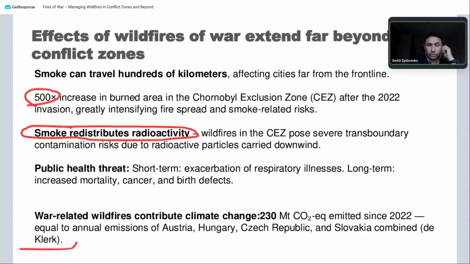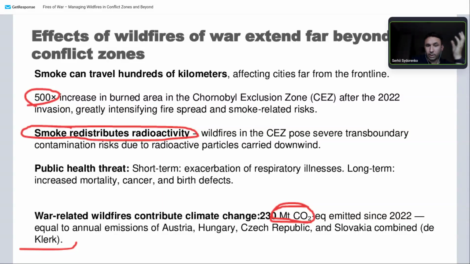He and a group of researchers from his team started to assess the impact of the war in Ukraine since 2022 on carbon emissions. They assessed that war-related carbon emissions can be equal to the annual emissions of Austria, Hungary, Czech Republic, and Slovakia combined.